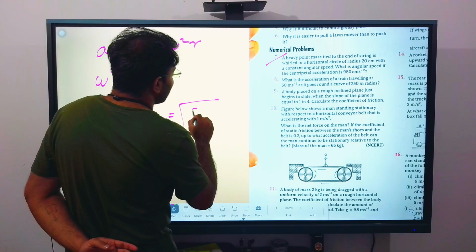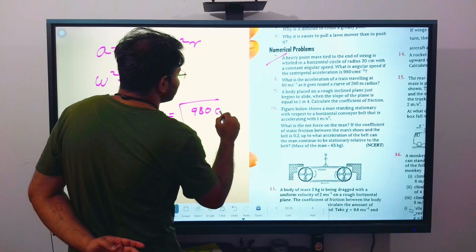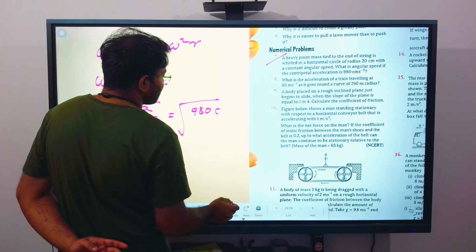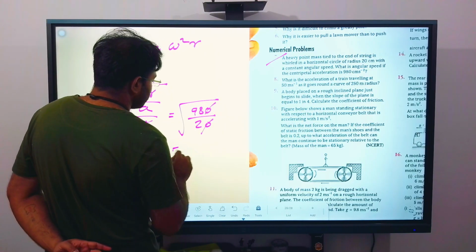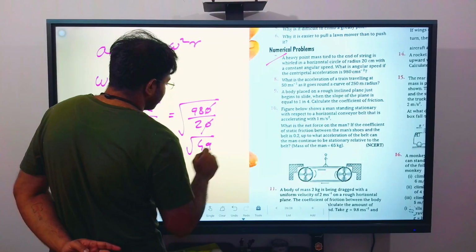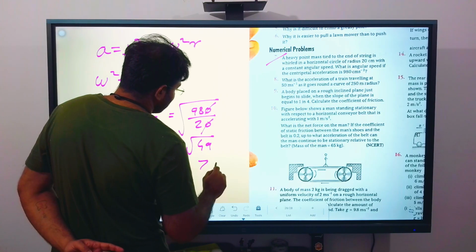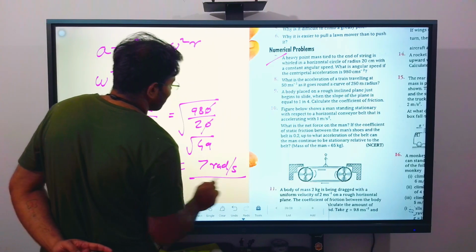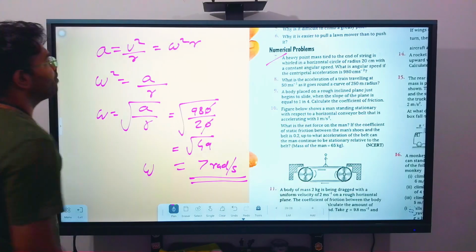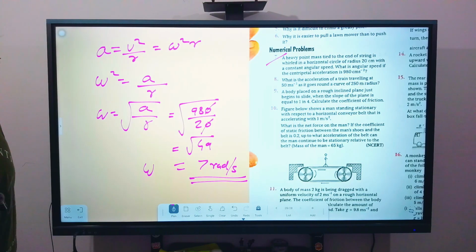So root under 980 divided by 20. This becomes root 49, which is equal to 7 radians per second. Understood? Omega becomes equal to 7 radians per second. Any doubts here?